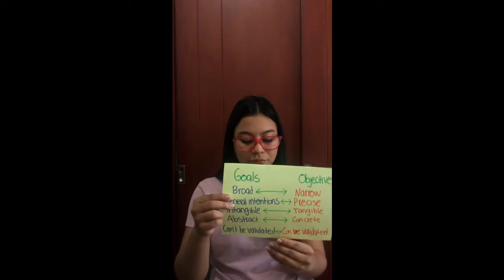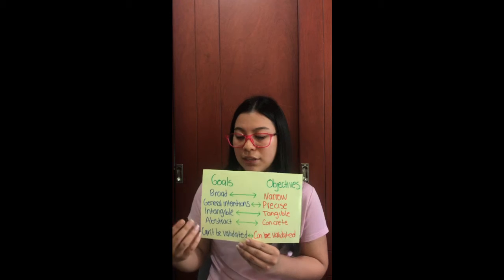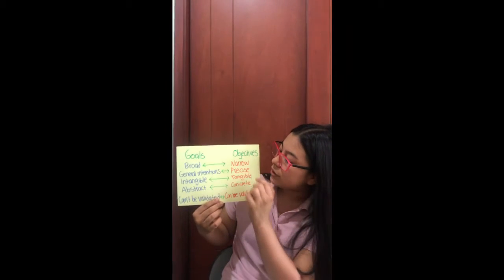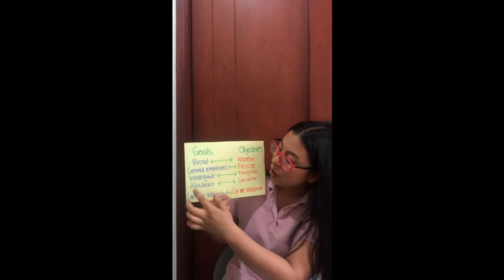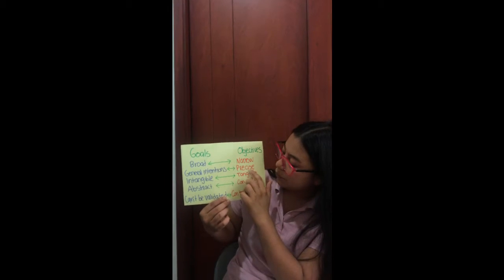And also, the SDSU Educational Technology presents us a table in which they construct goals and objectives. As we can see here, goals are broad and objectives are narrow. The goals have general intentions and objectives are precise.